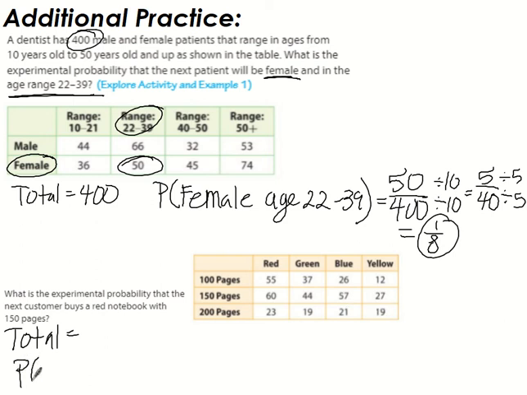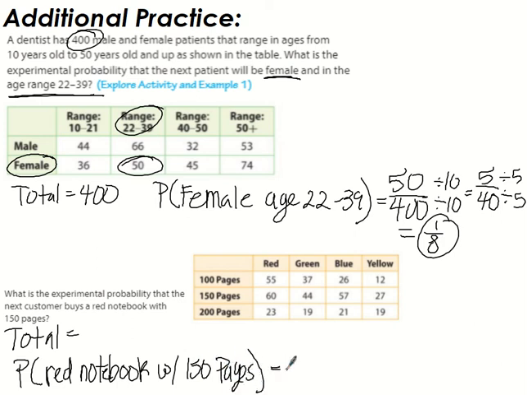And then let's find the probability of a red notebook with 150 pages. All right, consider this like an extra problem. I am not going to do any of this. You need to put your answer in your form. We're going to go over it in class, but I am not going to finish this problem.